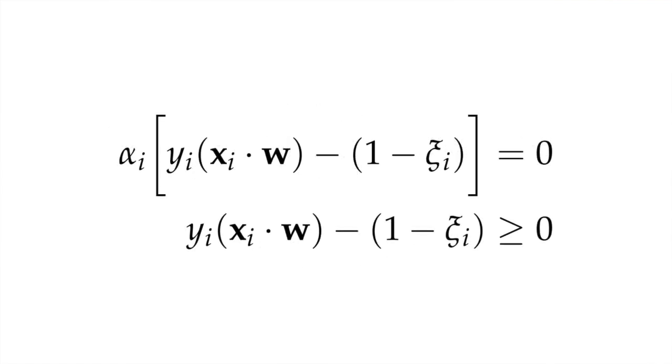The KKT conditions here also include the slack variables. We get these conditions here. What this amounts to is that the alpha i are no longer 0 just on the margin itself, but also for any points that are within the margin. When we look at this formulation, the same properties that we saw in the hard margin case continue to hold. W is still a weighted sum of a subset of the training examples.